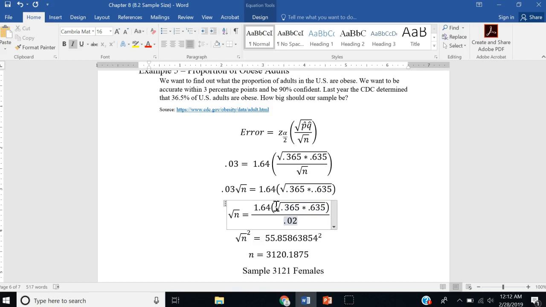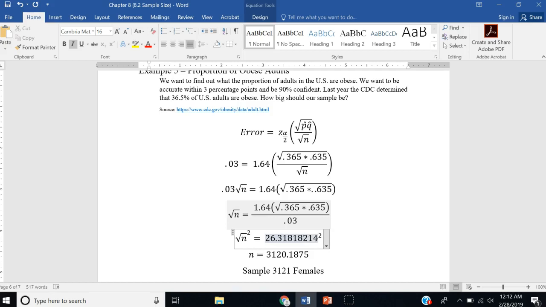And, well, the equation looks like this. I'm just going to type that into my calculator. And what I got is about 26.318 blah, blah, blah. So the square root of n would be equal to 26.318.